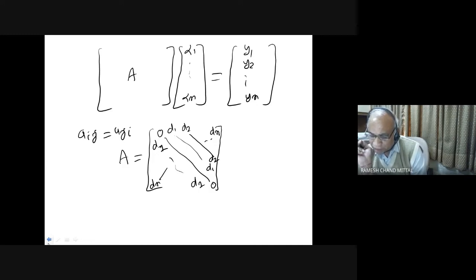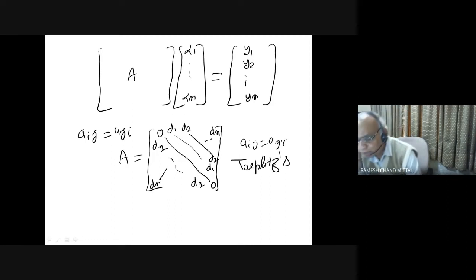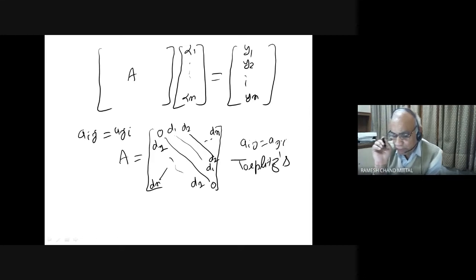So what I say is that you have this matrix A, which is symmetric, and this matrix is called a Toeplitz matrix. What is a Toeplitz matrix? A matrix is called Toeplitz if its diagonals are the same. Now, what is the problem?